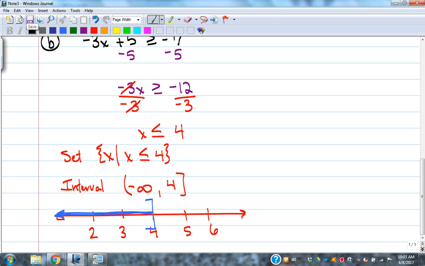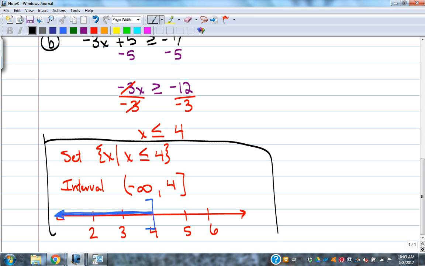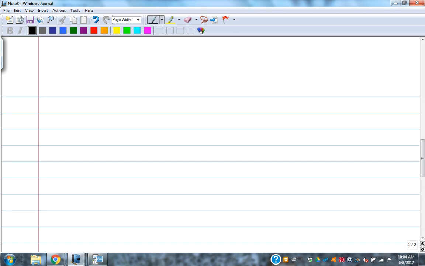That's why I tend to do those together. Or divide by a negative number. Yeah, that's when you're going to flip your inequality symbol.